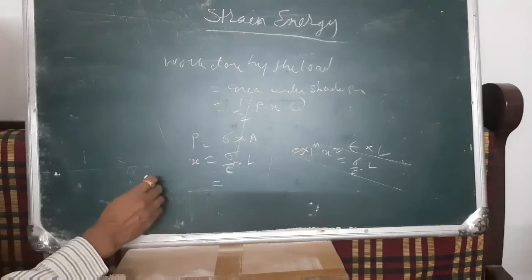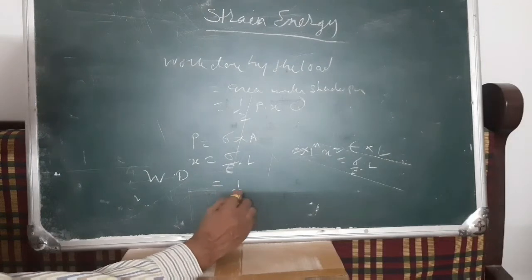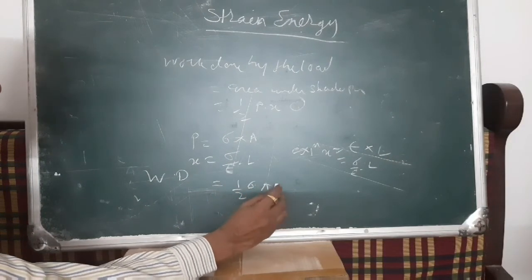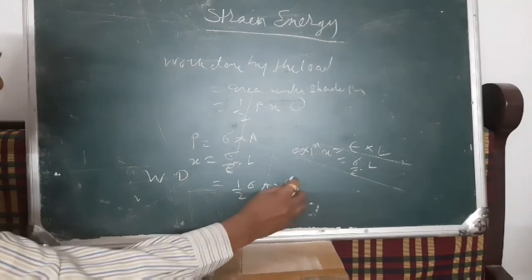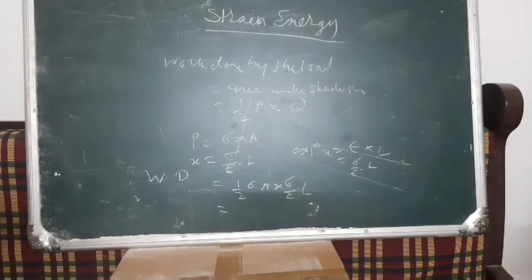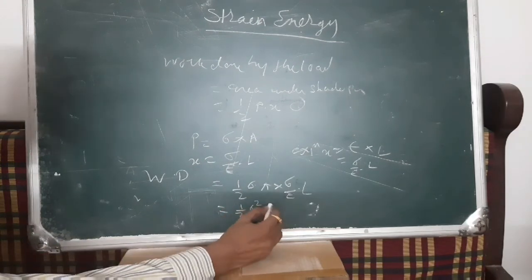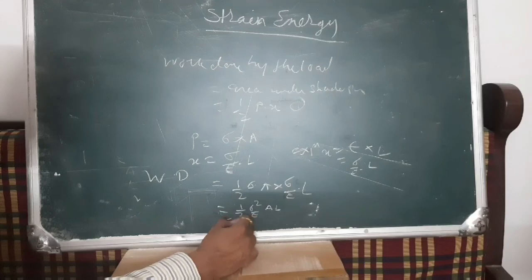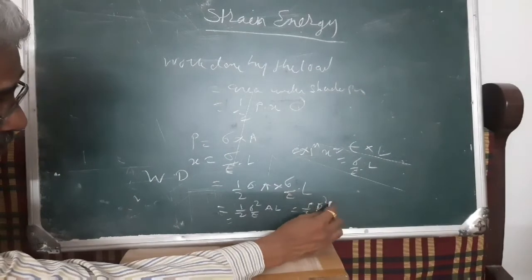The work done by the body or the load is equal to 1/2 sigma into A into x, where x is sigma by E into L. So what we get is 1/2 sigma square by E into A into L. That is nothing but 1/2 sigma square by E into V, since A into L is the volume.